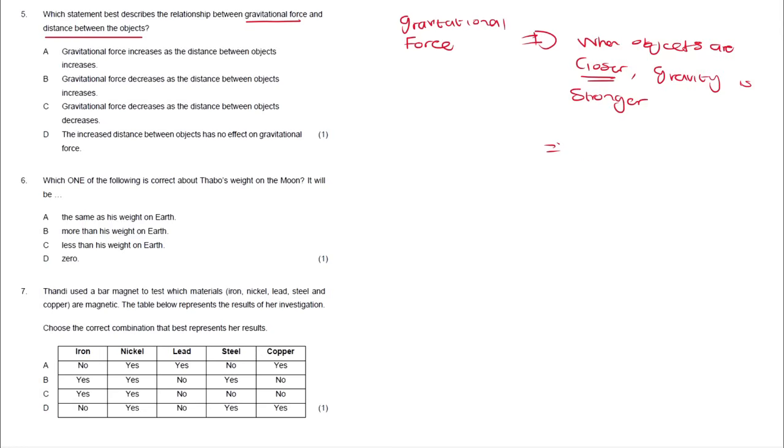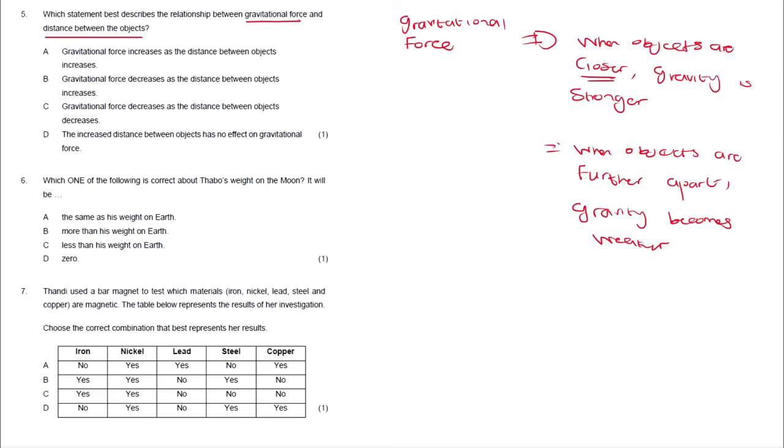But when objects are further apart, so this basically means that when they are not close to each other, gravity then becomes weaker.